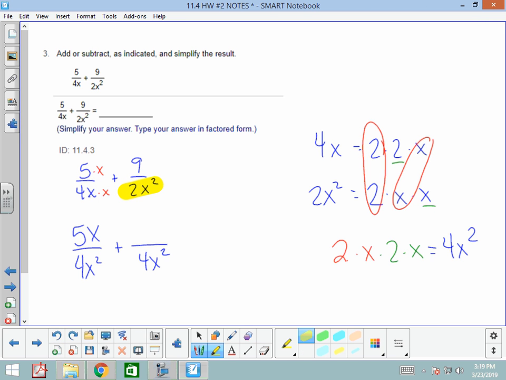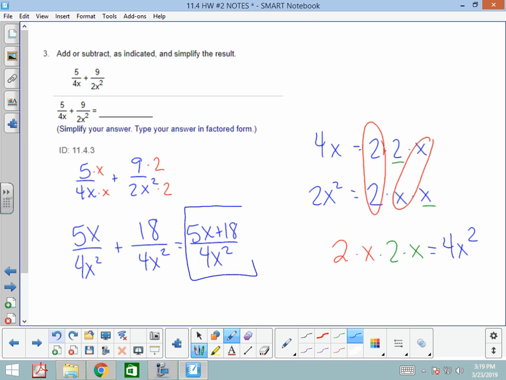What times 2x squared is 4x squared? Again, we can just divide. 4x squared divided by 2x squared, well, that would be 2. 2 times 2x squared is 4x squared. So multiply the numerator times that same 2, and we get 18. So keep the denominators the same and add the numerators. Now, 5x and 18 are different terms. You can't add them together. So that's my answer.